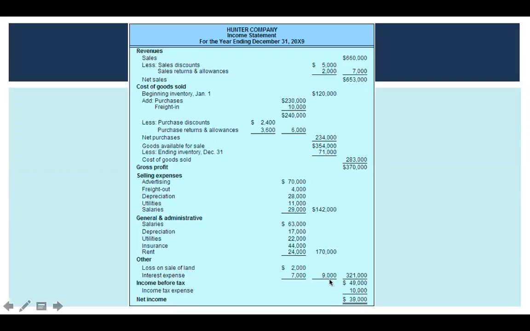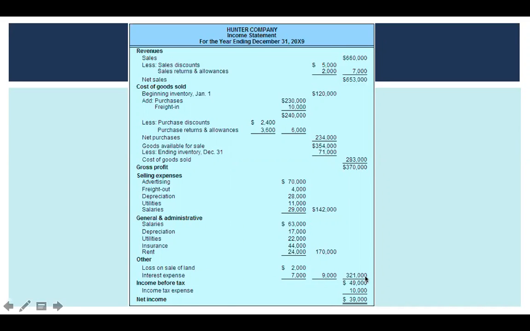And so we've got here the cost for that. So we take all those costs, we get 300. So we take 142, 170, and 9,000. We have 321,000 of expenses that they're taking into account. So our gross profit. So here are the buckets. Like if we look at our really simple one earlier, we have total sales, net sales, costs of goods sold, 283 gives us our gross profit.